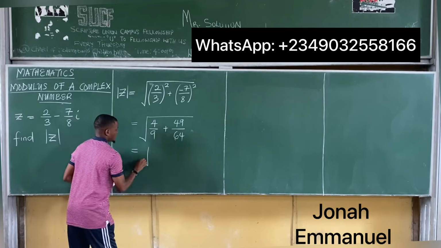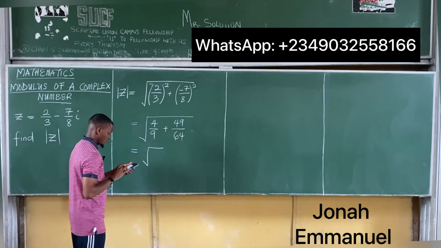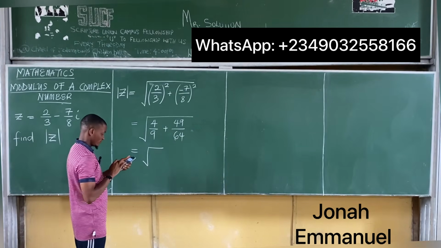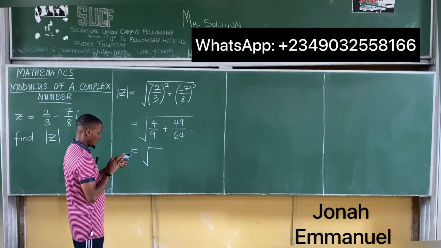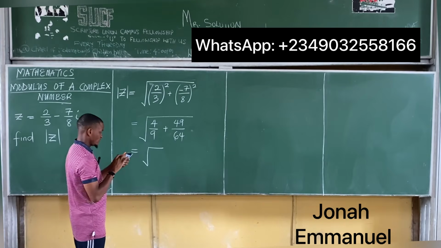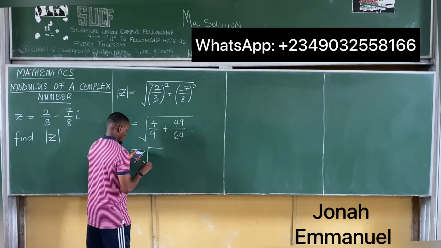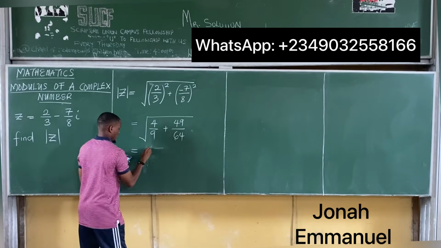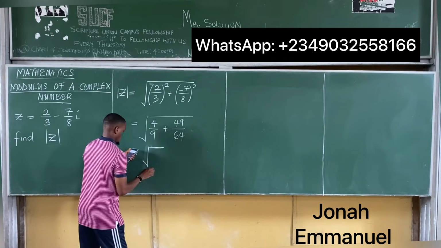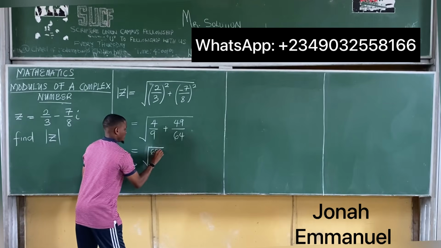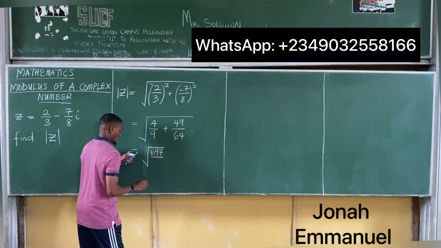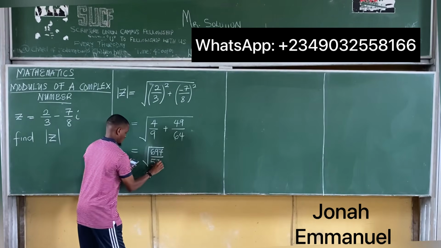So if I do this math, I'm punching this directly with my calculator. That's 4 over 9 plus 49 over 64. That's about the square root of 697 over 576.